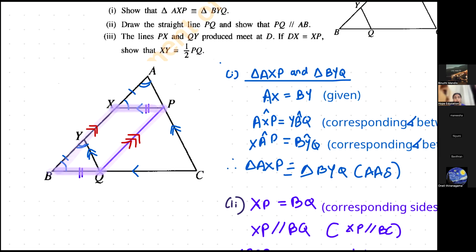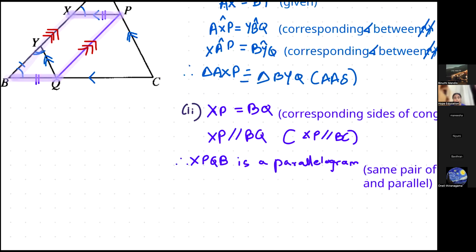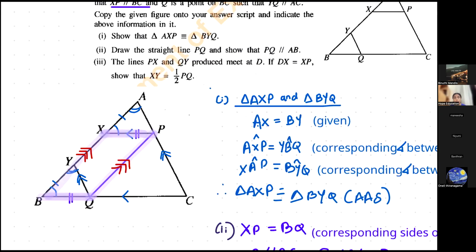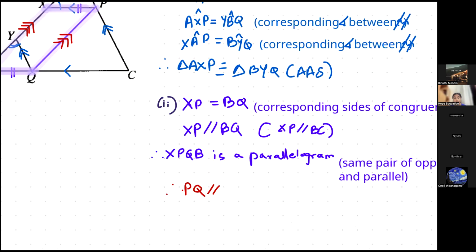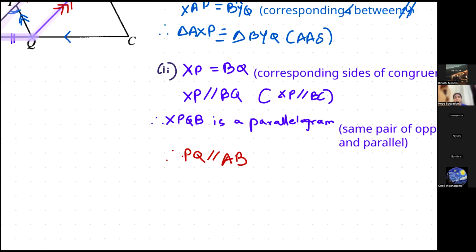Therefore, PQ is parallel to AB. For the reason, we put: opposite sides of a parallelogram are parallel.